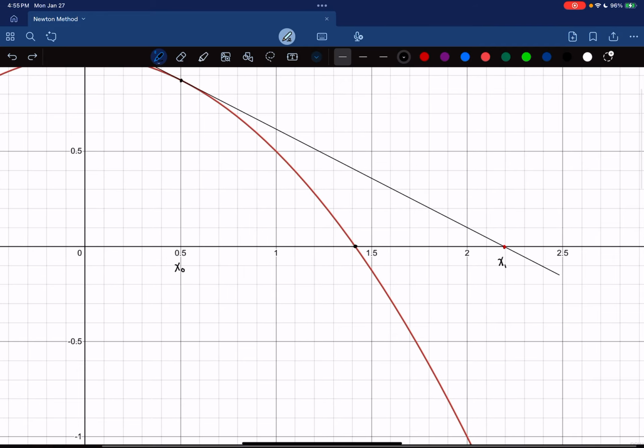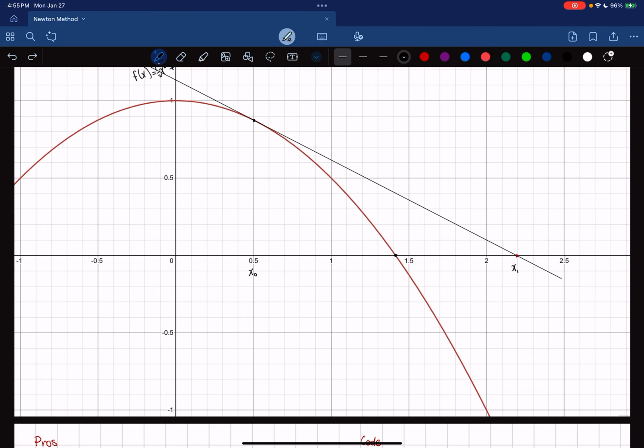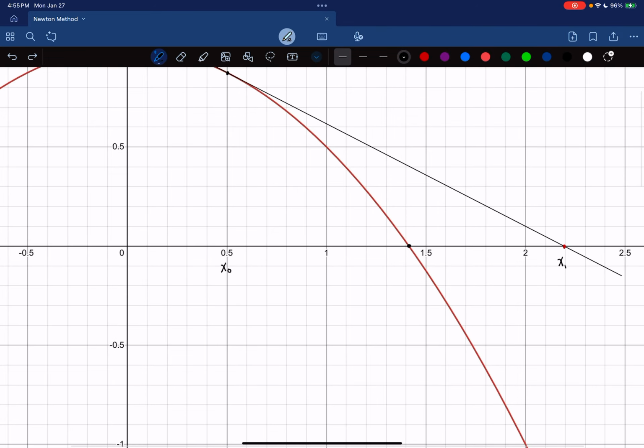All right. Now, how do we find this new approximation? If you remember from calculus or from math, the slope of a line is just rise over run. Okay. So let's first draw a quick triangle. So I have this. There you go.